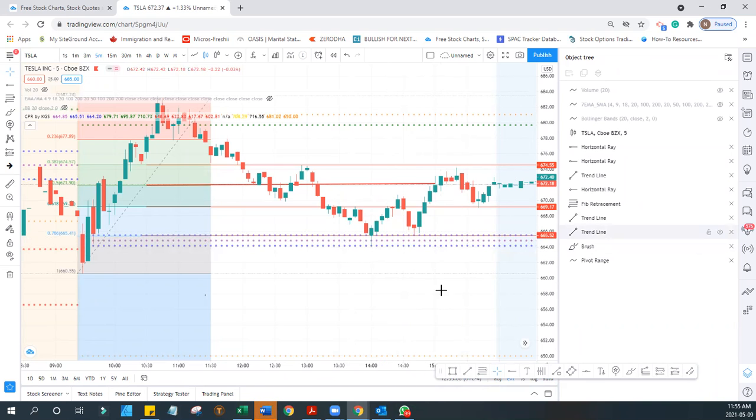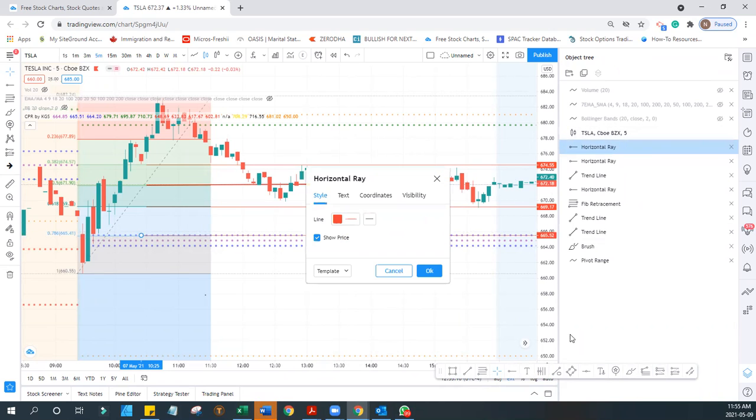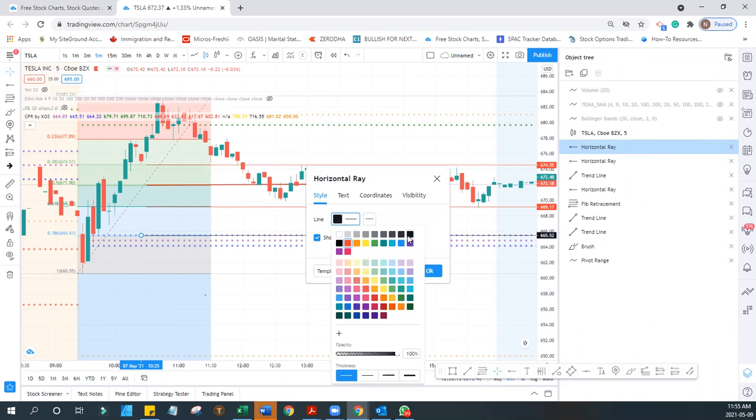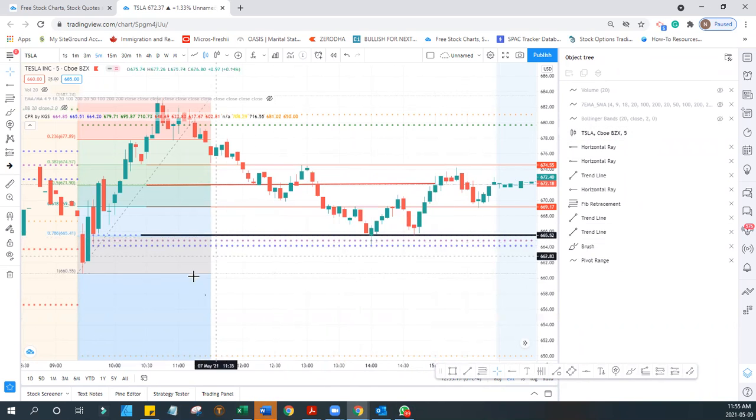If you don't see that line, let me draw it as a black one. Do you see this line? It was a level for the CPR as well. It was also the 0.786 level for the Fibonacci. And you see the 0.38 acted as resistance for the whole day earlier.